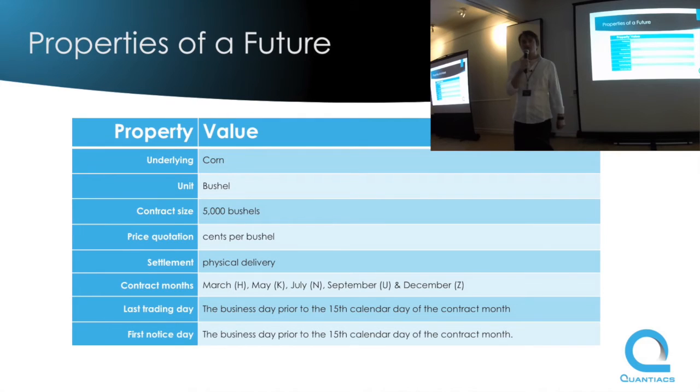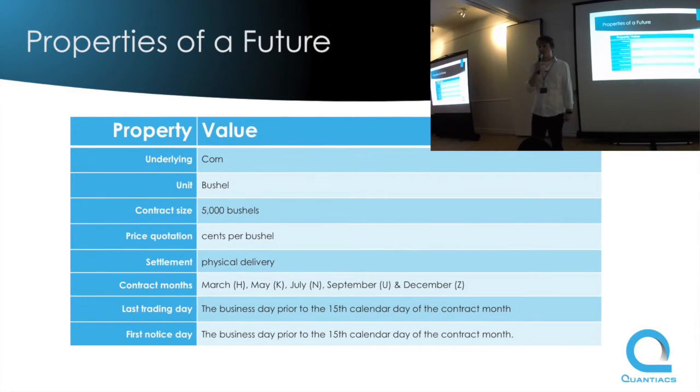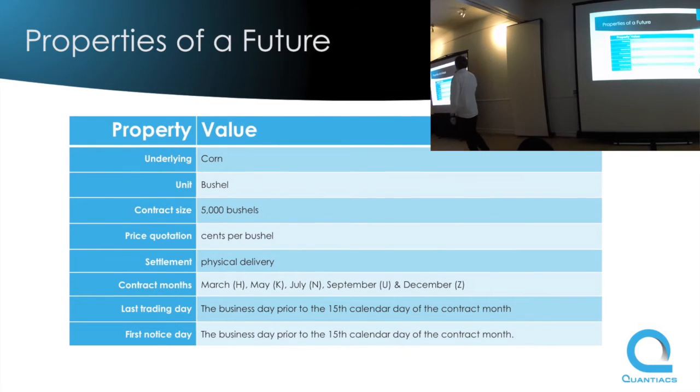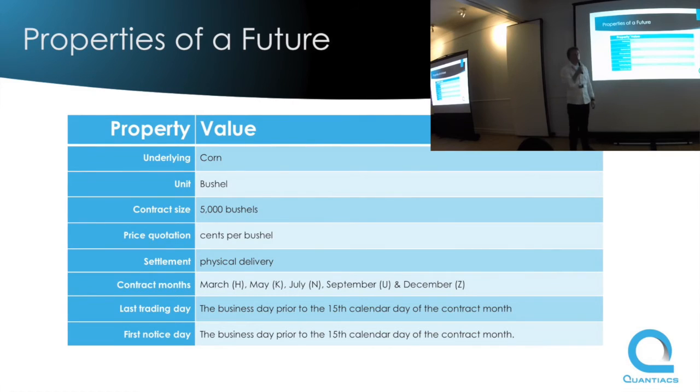The short could announce on Monday of the 3rd week of March that he wants to make delivery. And if you get that announcement, you have to accept it when you're still in the long contract at that point. So if you're a trader, a speculator, you might want to be out of the market at the earlier of the 2 days, so at the earlier of the last trading day or the first notice day.